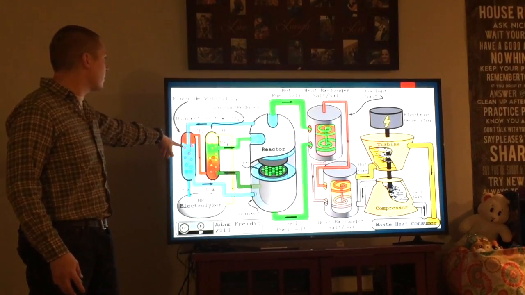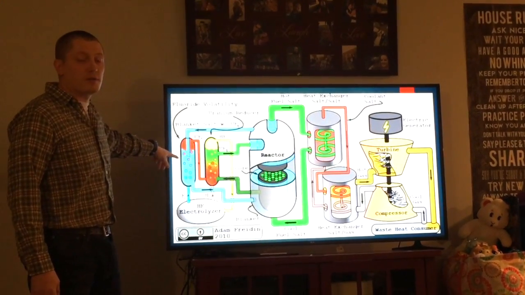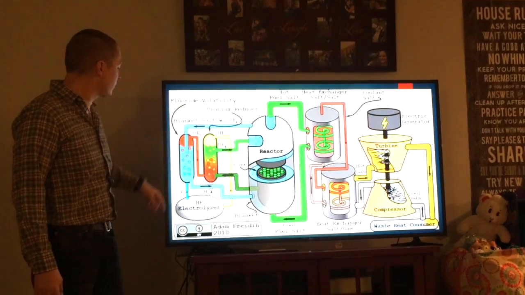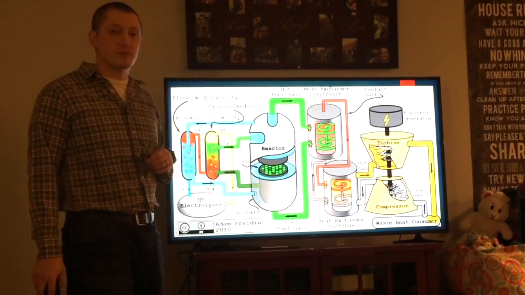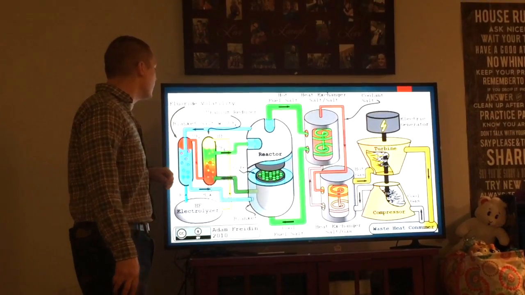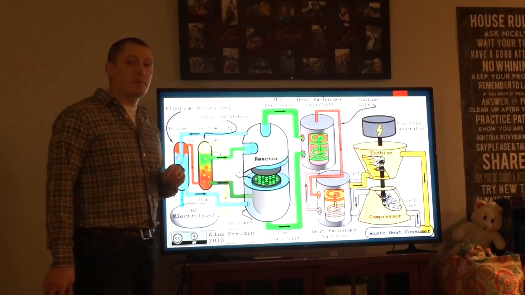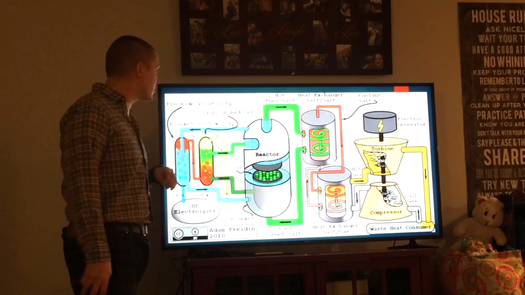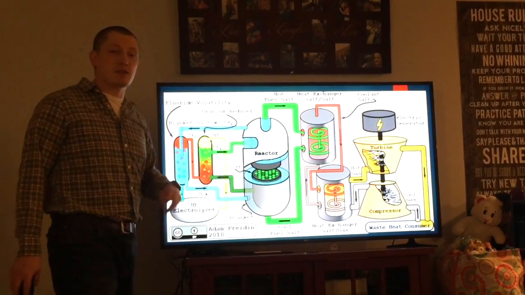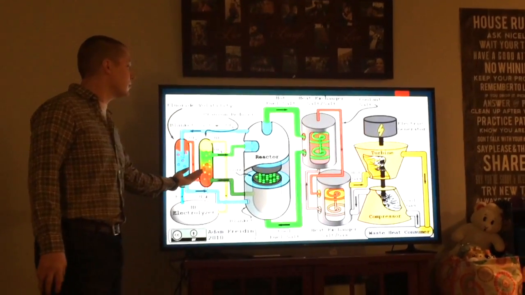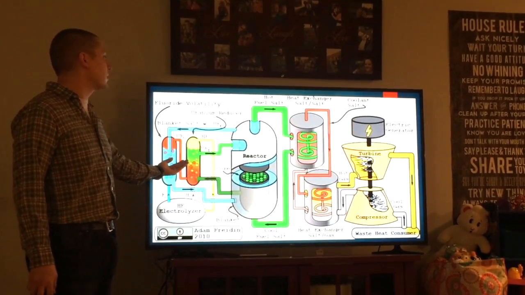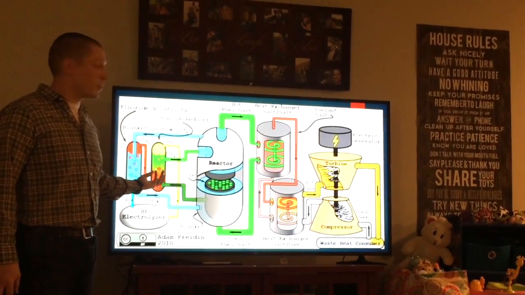through here. It goes through this fluorine volatility chamber. In here, it gets hit with fluorine gas. This fluorine gas takes the uranium fluoride, turns it into UF6, which is a gas, causes it to bubble up to the top, and then it gets moved over to your uranium reducer chamber.